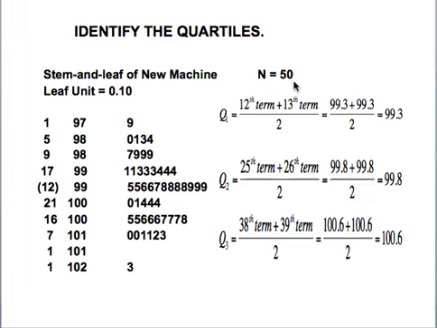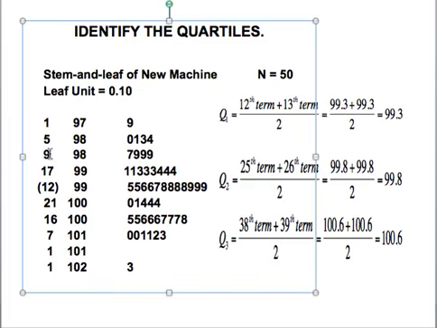Okay, and you can use the counts column to assist you. You're looking for the 12th term. Here, you know that in my third row, I have up to 9 numbers. With this 9, so up to here is 9. So I could start counting. This would be 10, 11, 12, 13. So my 12th term is 99.3 and my 13th term is also 99.3.